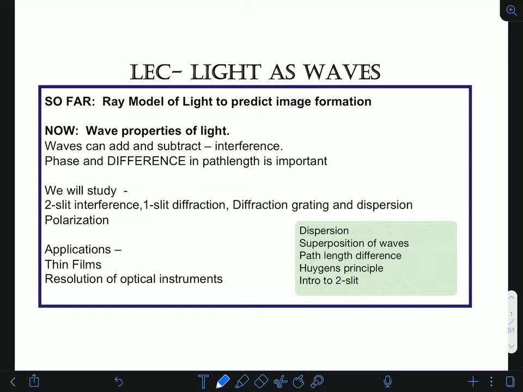Some other applications that we'll look at are thin films, and then resolution of optical instruments. So in this particular lecture, I'm going to talk about dispersion, and then the idea of superposition, adding waves, and then the role of path length. And then I'll introduce Huygens principle, and then the two-slit interference problem.